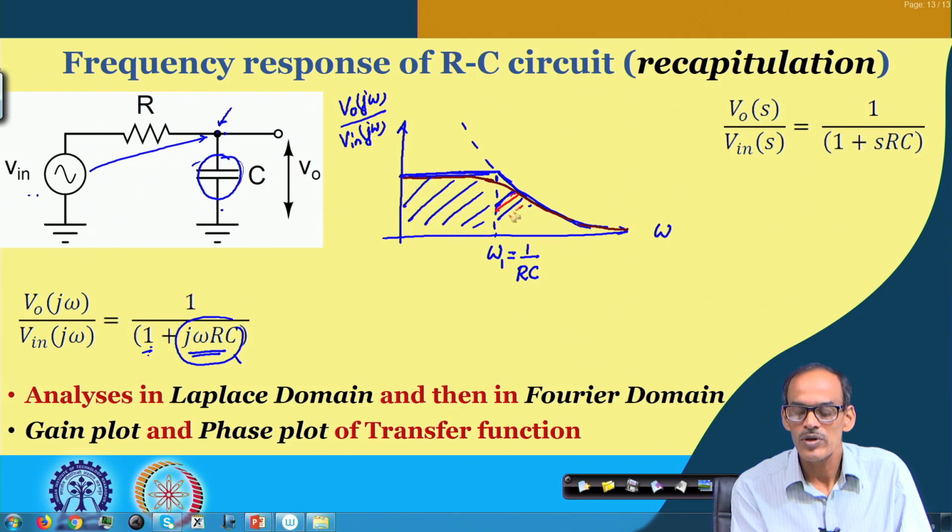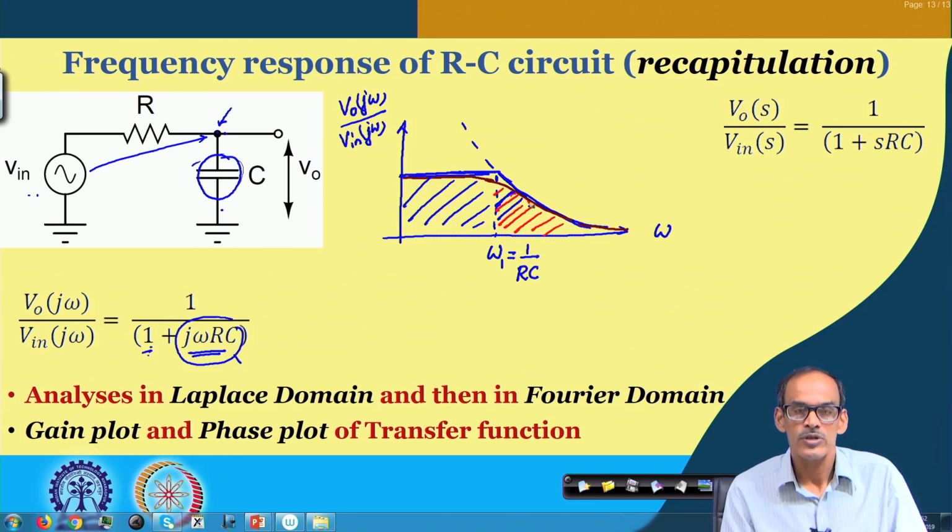I can say that the circuit again has two ranges of frequency, one is the pass band and the other is the stop band, and in this case it is low pass: lower frequency is allowed through this circuit.